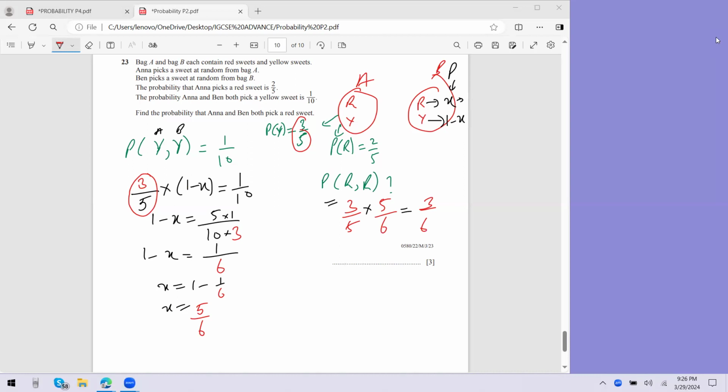Okay, first one being yellow, 3 over 5. Second one being yellow, 1 minus x, 5, x, 1 minus x is equal to, third is.